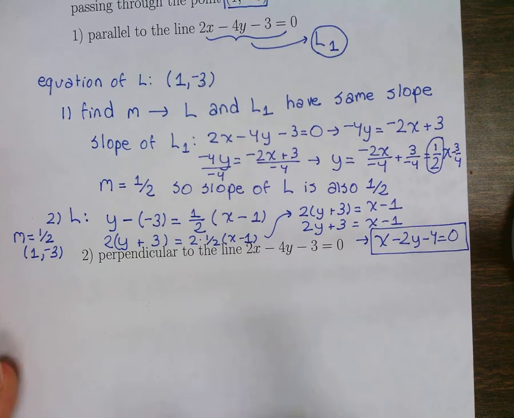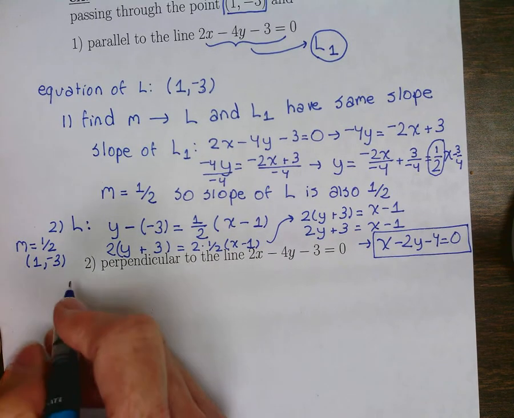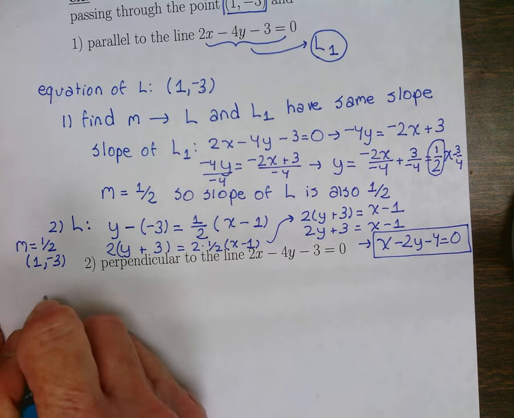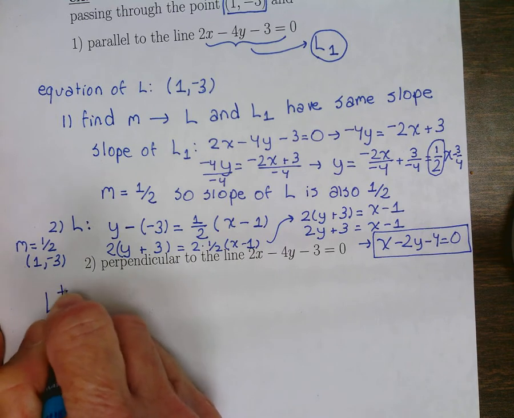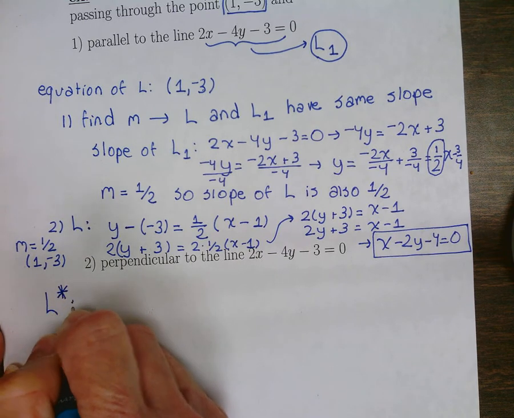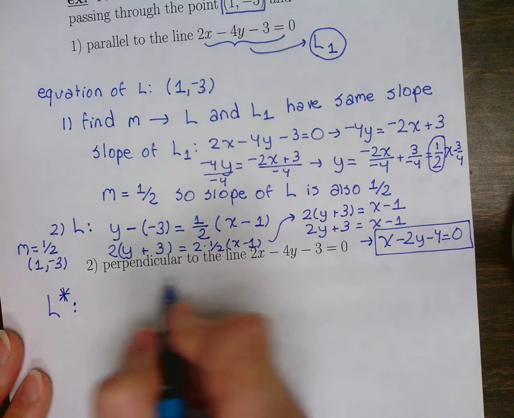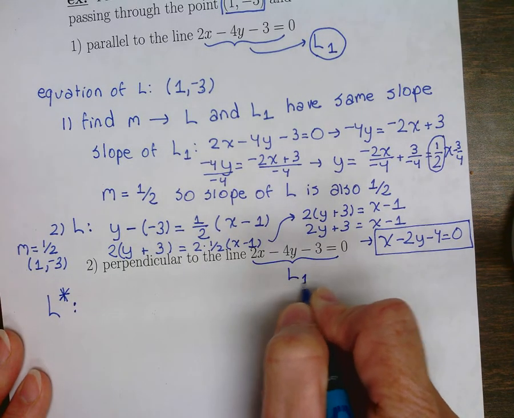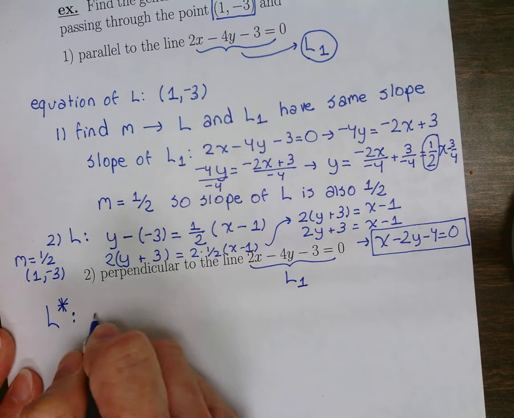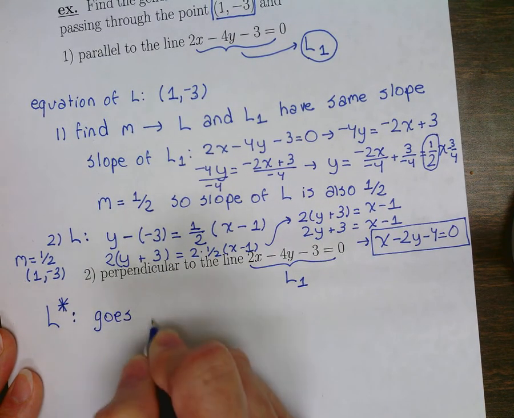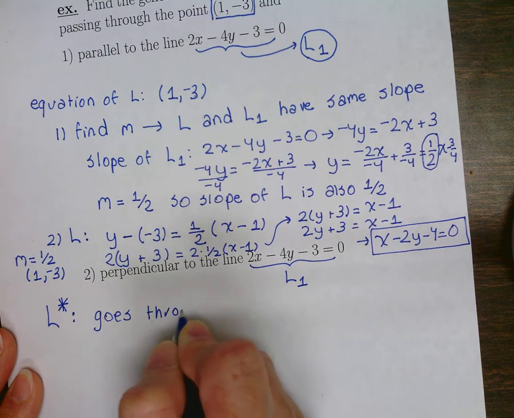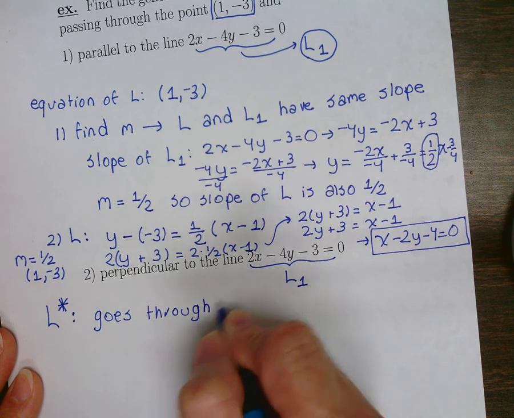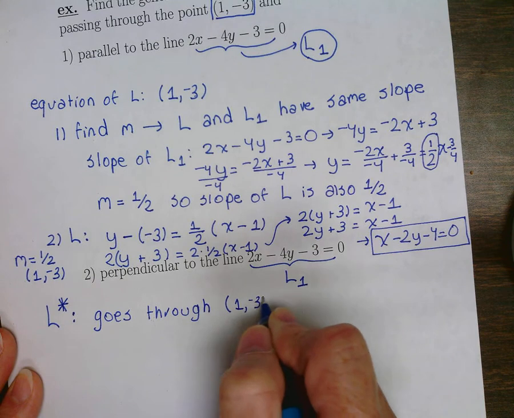Now, for part 2, we're looking for another line. Let's call this line L star. L star is perpendicular to our original line L1, and it still goes through the point 1, negative 3.